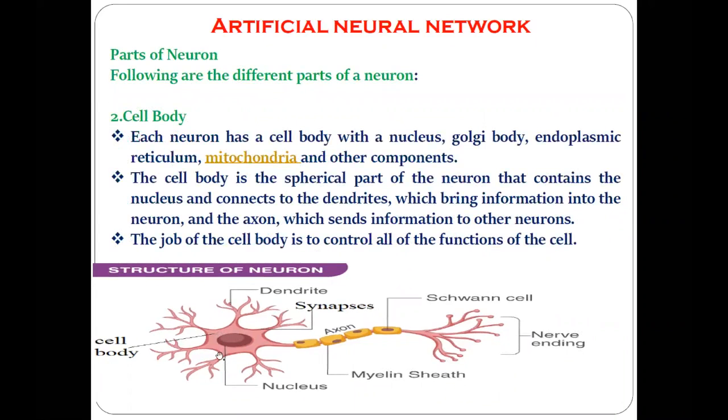Then we have seen the cell body. The cell body protects the structure inside, that is the soma, the nucleus. The cell body is also responsible for sending information to the other neurons and keeping control over all other parts of the neuron. Then we have seen the axon.